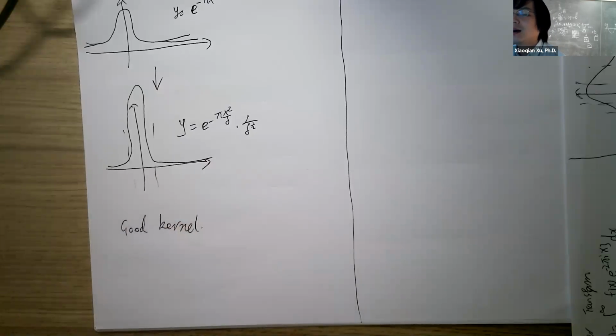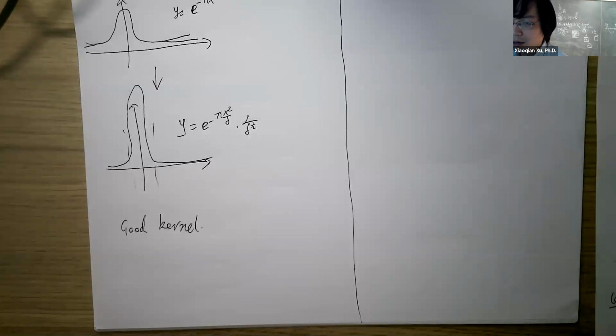Okay, concentrate on x equals to 0. So which means it's kind of an analog of the good kernel that we've learned before. Actually, this kind of Gaussian is the original setting of the good kernel. So people always see this kind of Gaussian to be the first kind of a good kernel.